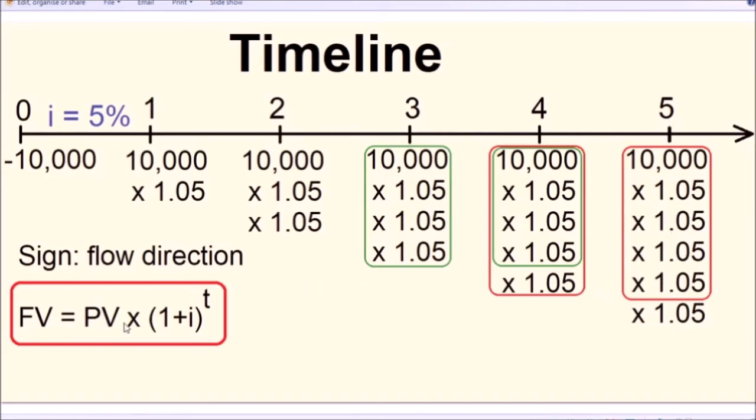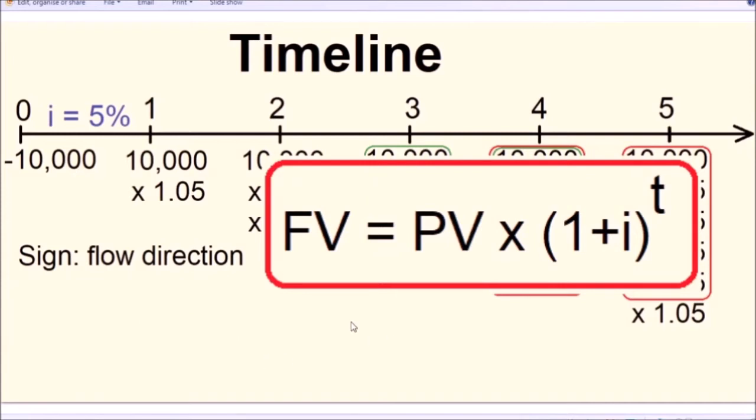So we multiply the present value by 1 plus the interest rate to the power of that number of years. I'll denote that with T standing for time. This perhaps is one of 2 most important formulas in today's video. So I'm going to blow it up a little bit so I can see it very clearly.